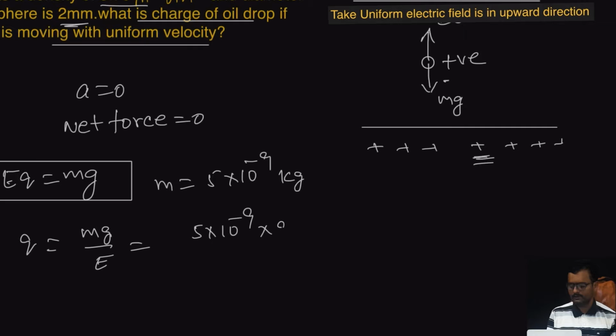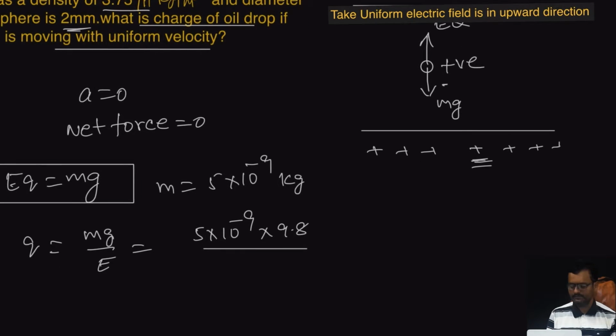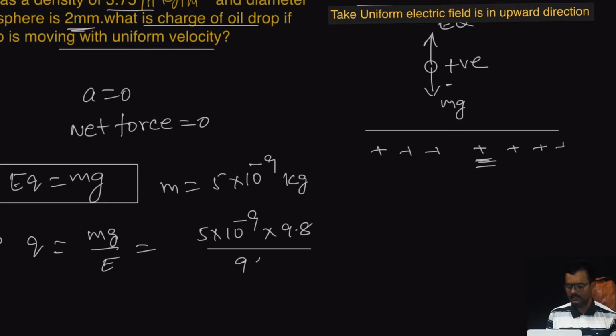Gravity, that is 9.8 meter per second square, divided by the electric field, which is given as 980. So 9.8 is 98 by 10, so this is 100 times. 100 is 10 square.